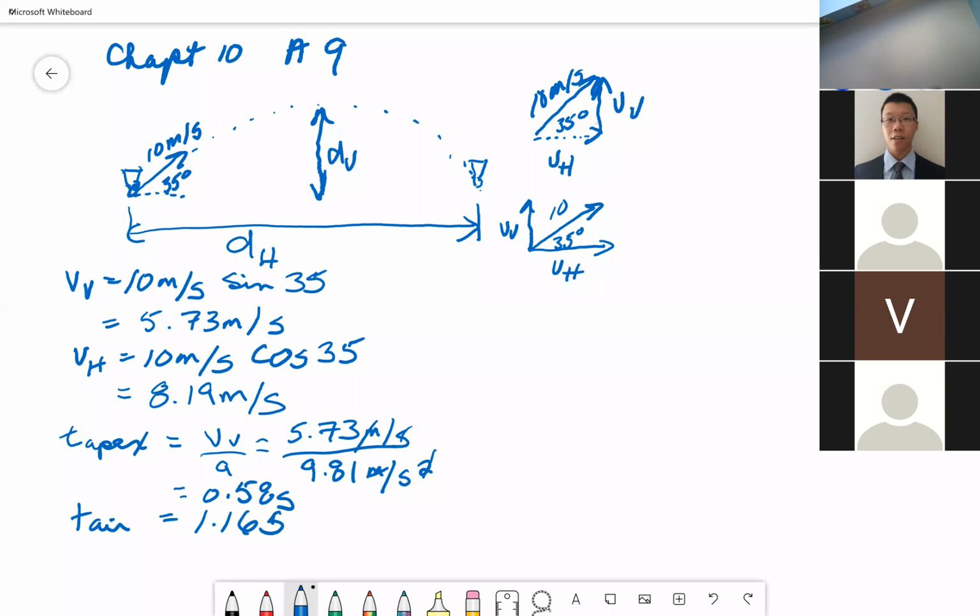And so the D horizontal is pretty easy at this point in time, because we just use good old equation 2H, that is equal to the horizontal velocity times the time in the air, which is 8.19 meters per second times 1.16 seconds, which is 9.50 meters.